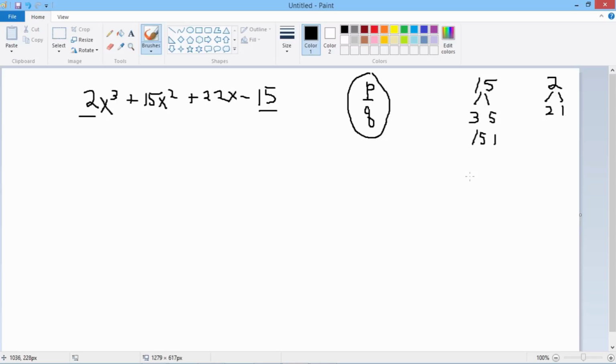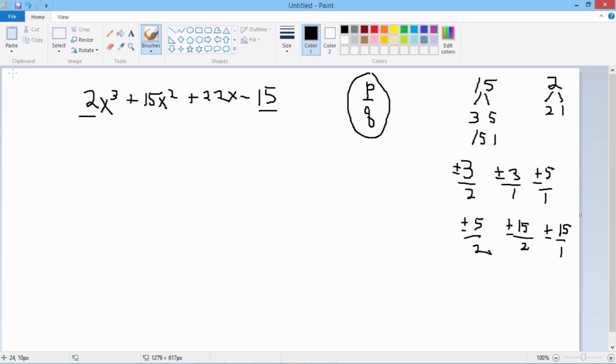So the possible zeros are plus or minus 3 over 2, plus or minus 3 over 1, plus or minus 5 over 1, plus or minus 5 over 2, plus or minus 15 over 2, plus or minus 15 over 1.